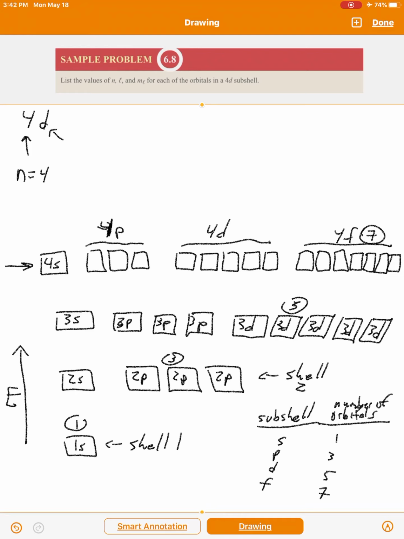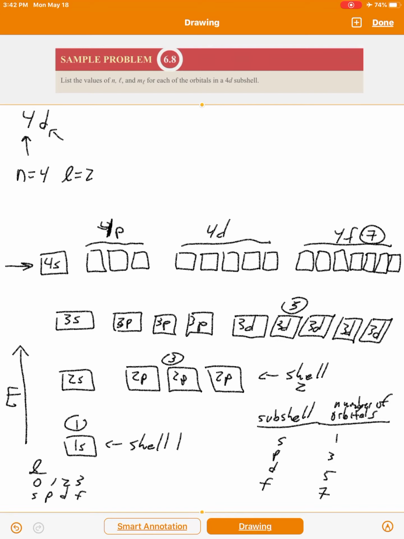The D tells us that l equals 2. Reminder, for the l values, it's 0, 1, 2, 3, and that's S, P, D, F, meaning the value of l determines the name we're going to use. So if we call it a D, that means l equals 2 from that chart down below. So we know the first 2 values, right?